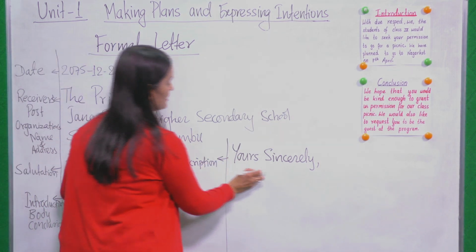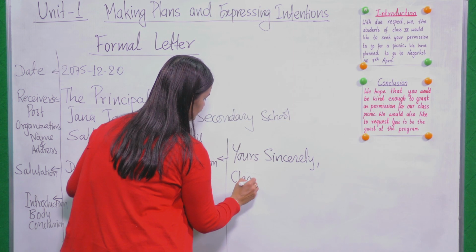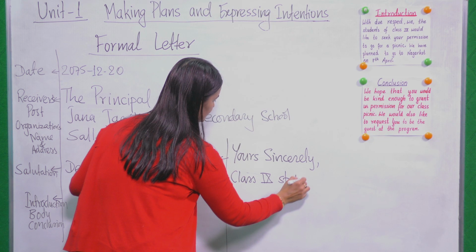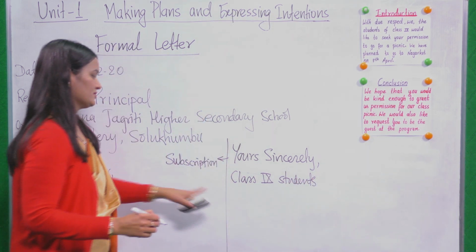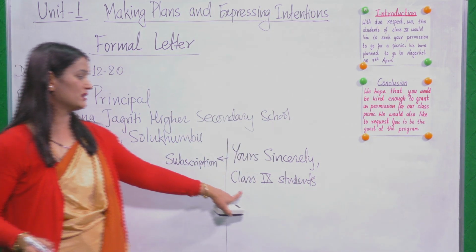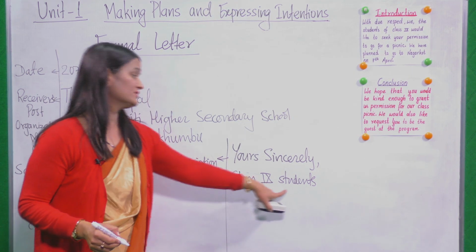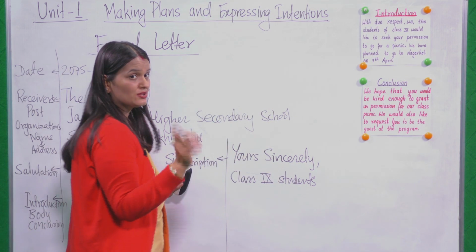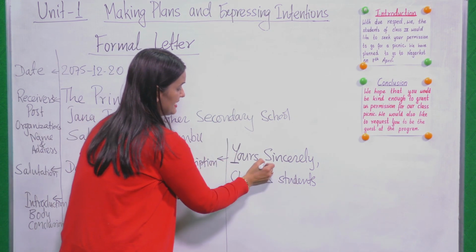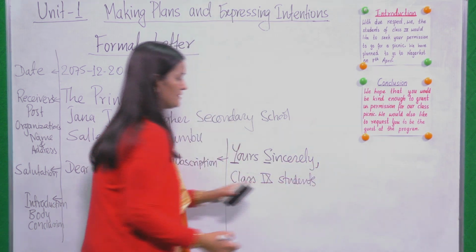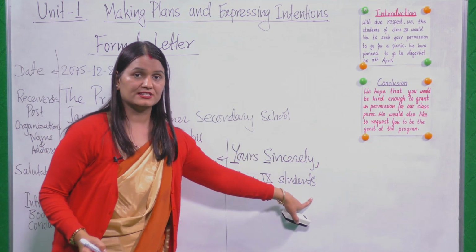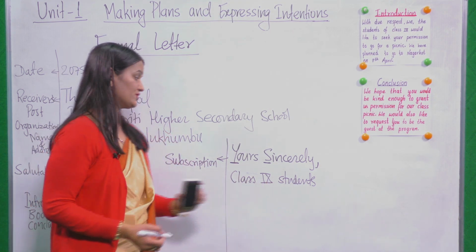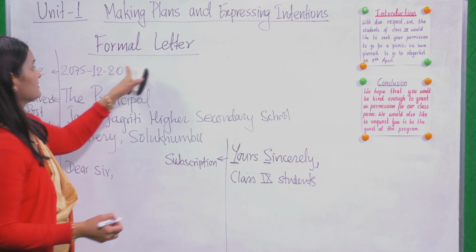Then after that you will write class 9 students. So this letter is written by the whole class 9 students, so they all are writing here yours sincerely. You should not forget the first letter is capital here and also capital here, and then after this you have to write a comma. If you are writing personally, then you will write your name and then your signature as well. So in this way we write a formal letter.